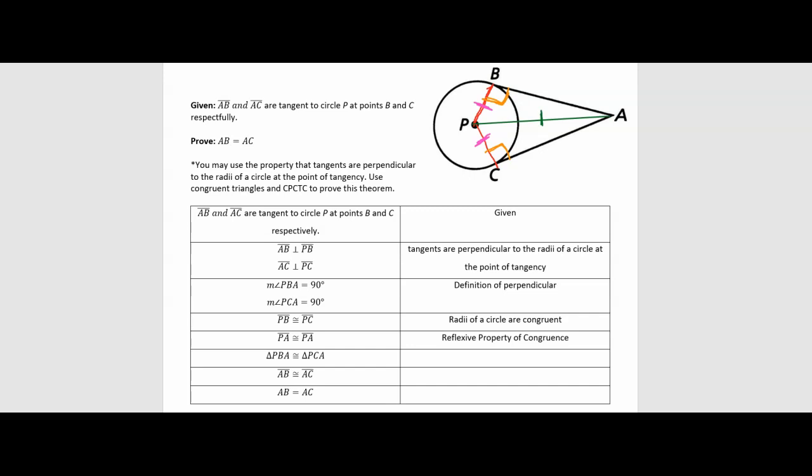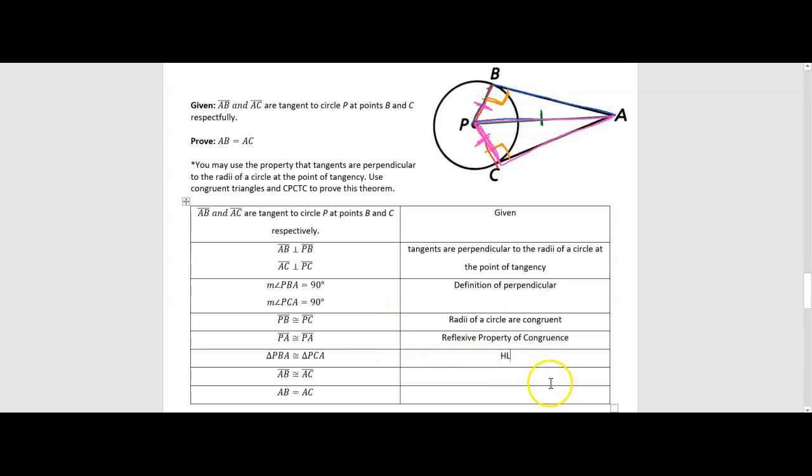And now, how do we know that triangle PBA, the triangle in blue, is congruent to triangle PCA, the triangle in pink? Well, that's going to be HL congruence, right? They both have a right angle, the hypotenuses are congruent, and a set of legs are congruent.